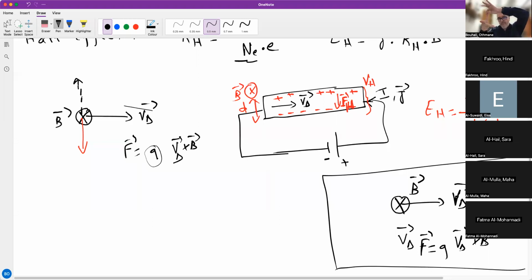V cross B must give me the force. So V is going to the right, and B is going inside. So I have V cross B going up, but then I have a negative charge, so the force will go down. Is this clear?